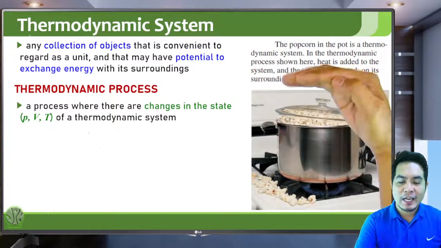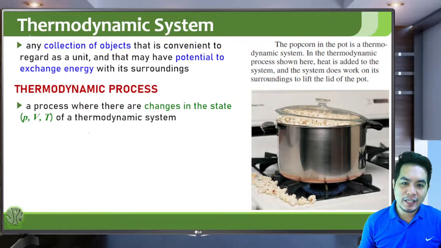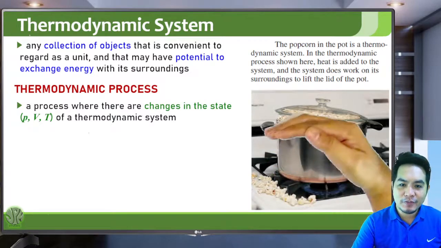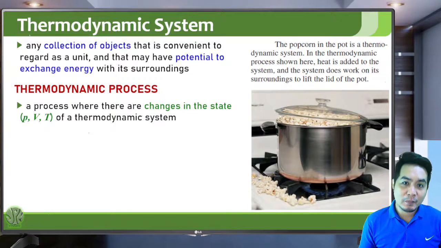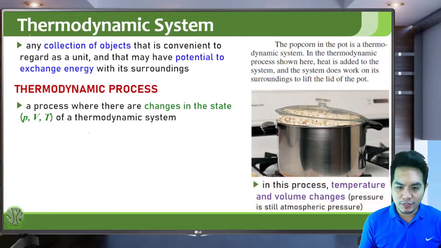It's doing work because it has absorbed heat. What happens here is its volume expands, so its volume increases and lifts the lid up. This is an example of a thermodynamic process called change in volume.